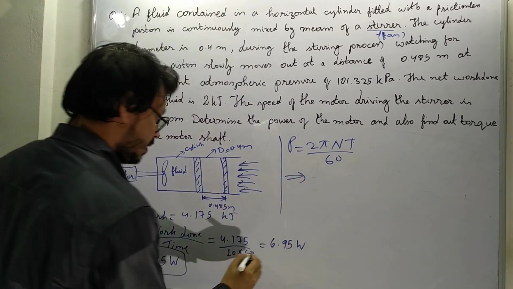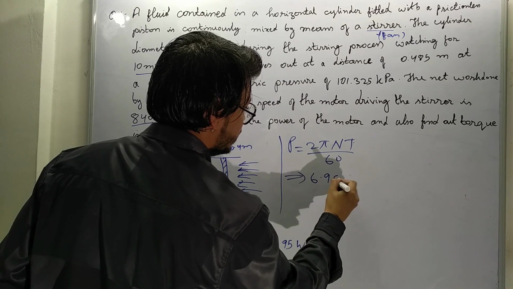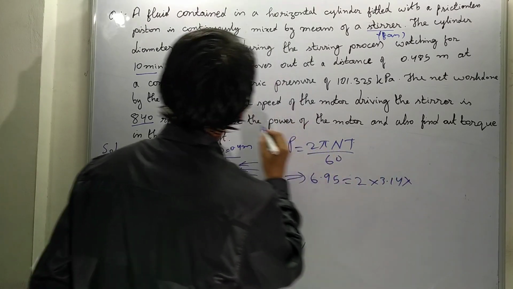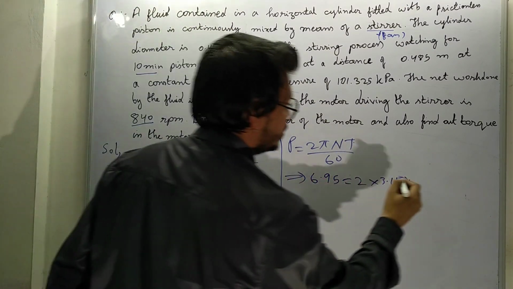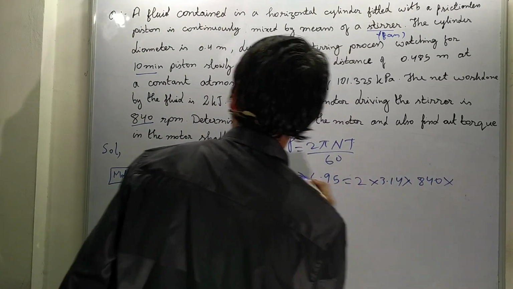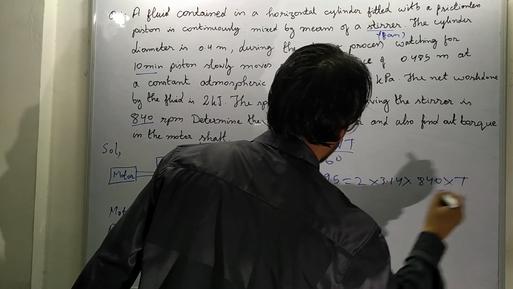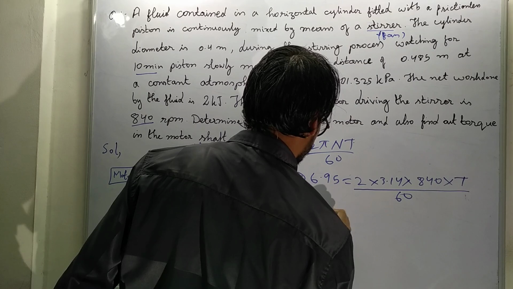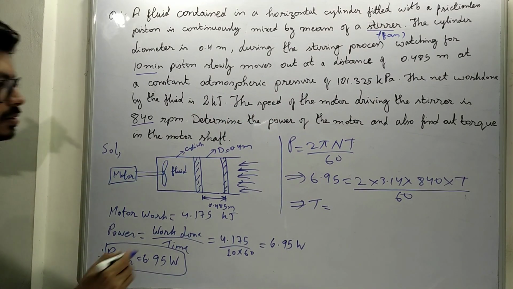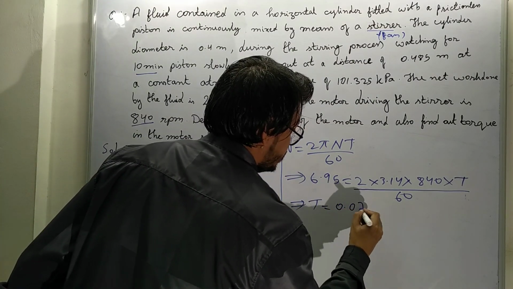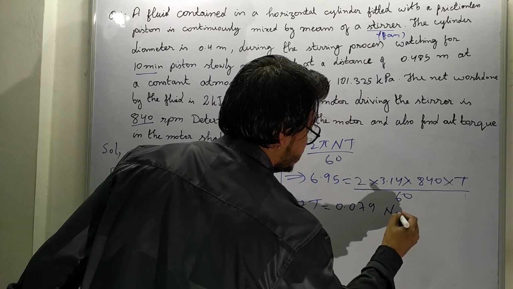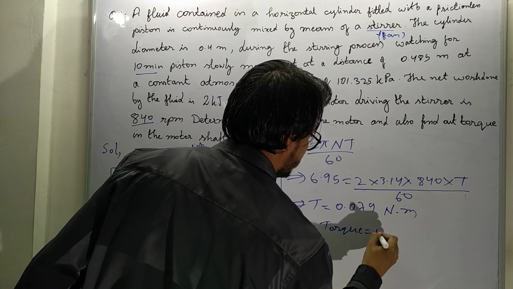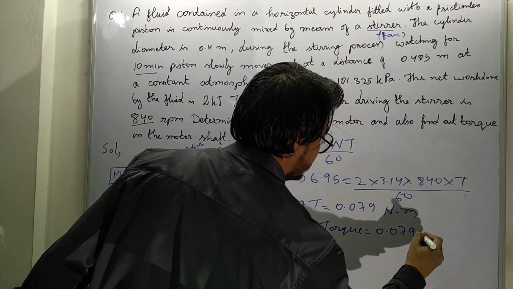We have the power value as 6.95 equal to 2 into 3.14 into N. We have the RPM as 840 into torque, which we have to find, by 60. On solving, we get the value of torque as 0.079 Newton meter. So therefore torque is equal to 0.079 Newton meter.